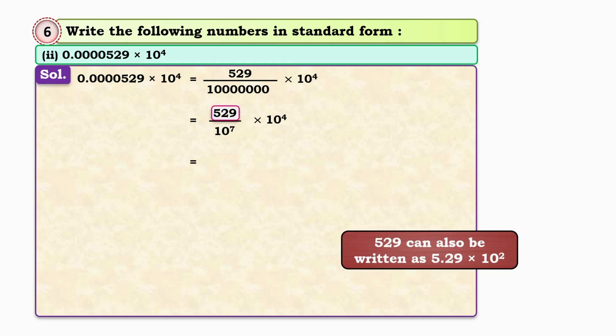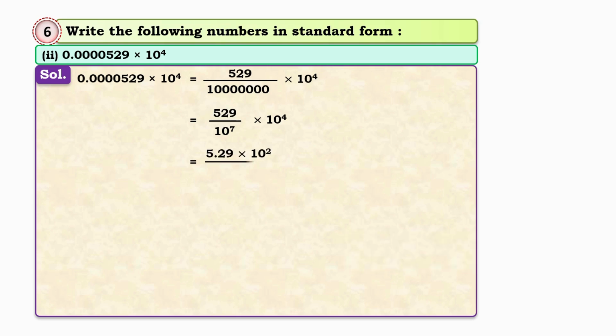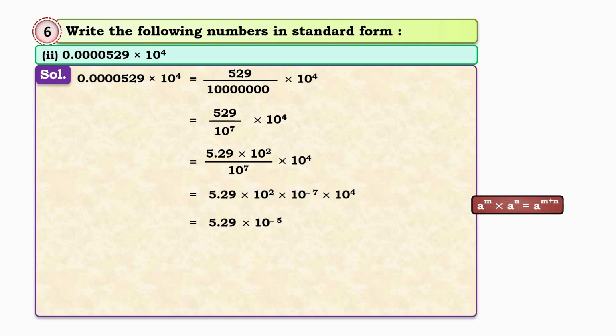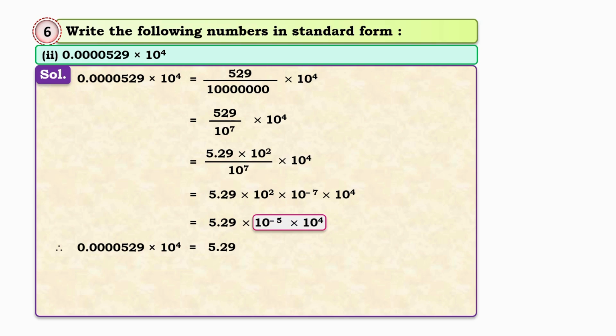So 529 can be written as 5.29 into 10 to the power 2. Now I apply the law. And we will get the final standard form. So 5.29 into 10 to the power minus 1. This is the final answer.